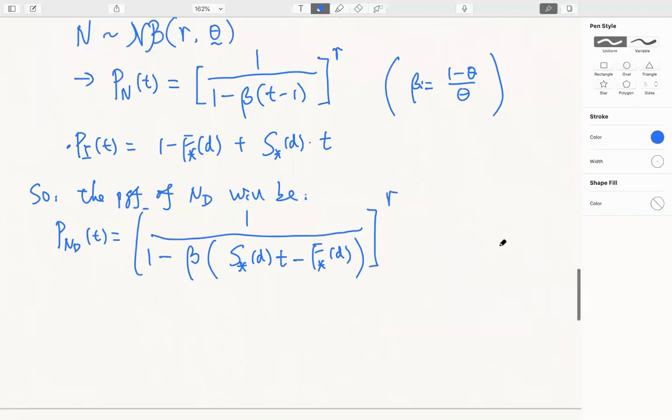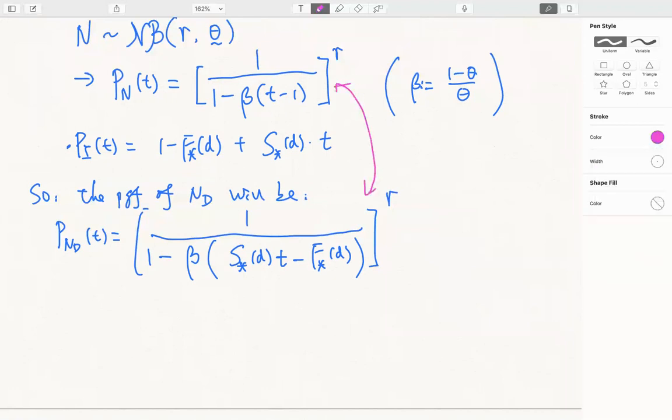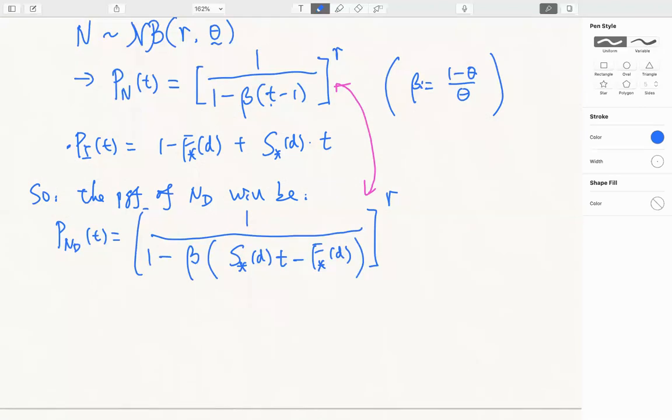It looks very, very close. If you do a quick comparison, they are in the same functional form, but not exactly the same, because here the factor in front of t is 1, but here it's obviously not. So what can we do? We are trying to work out the same formula.